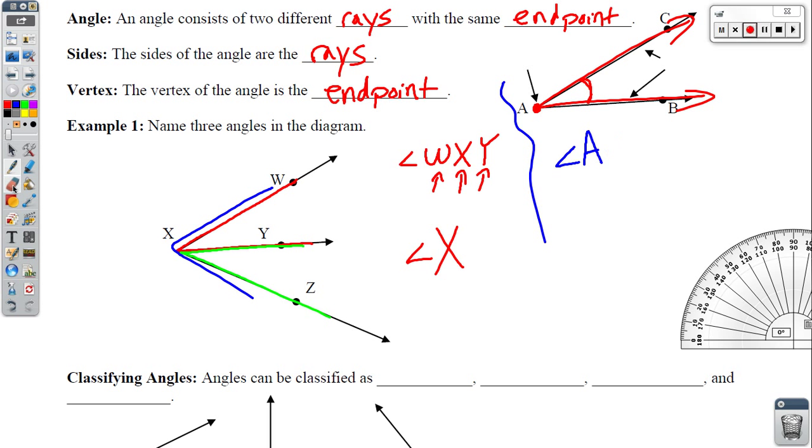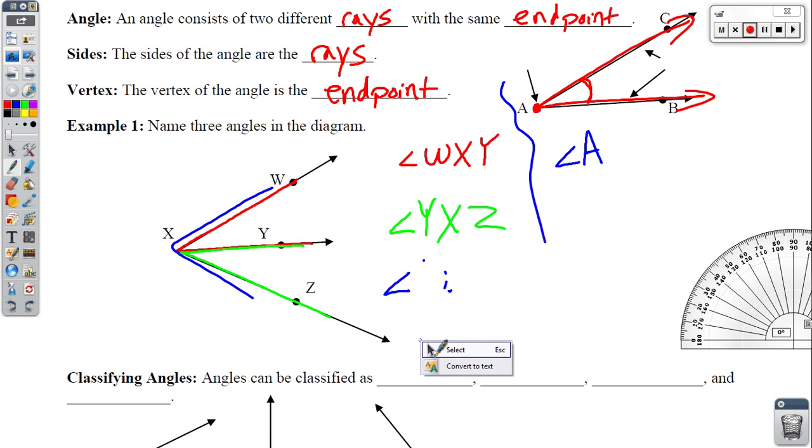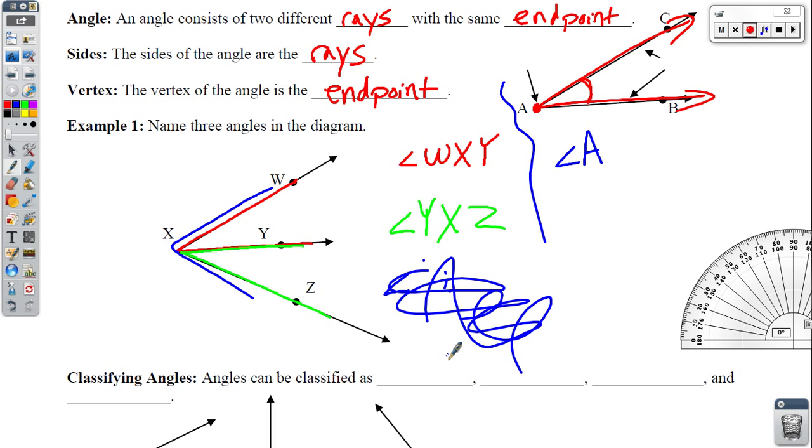So we could name one of the angles WXY. Another angle we could name would be the one in green there. That one I would say angle YXZ. And then the one in blue, I could call angle WXZ.